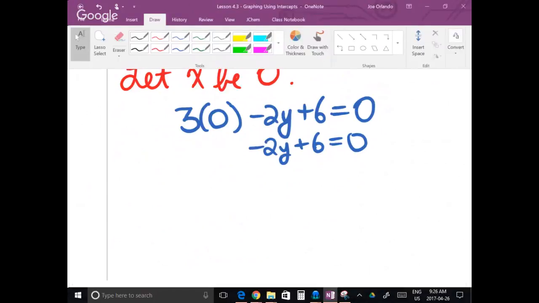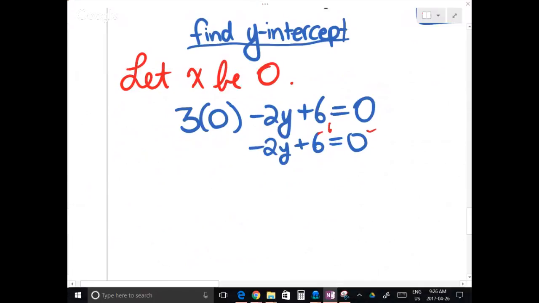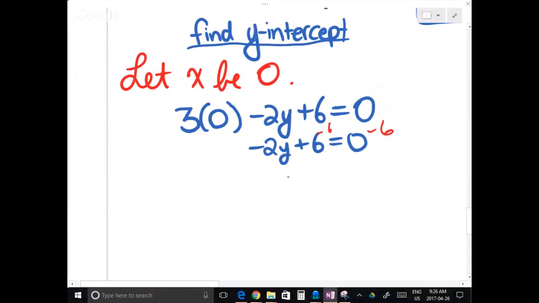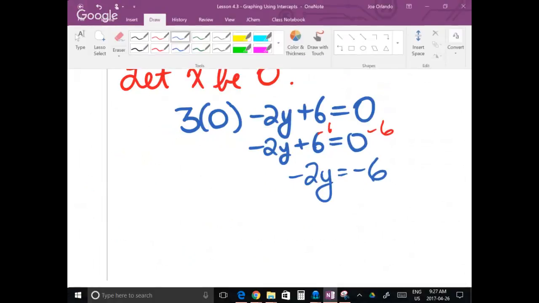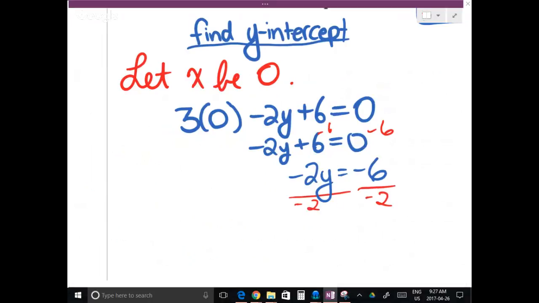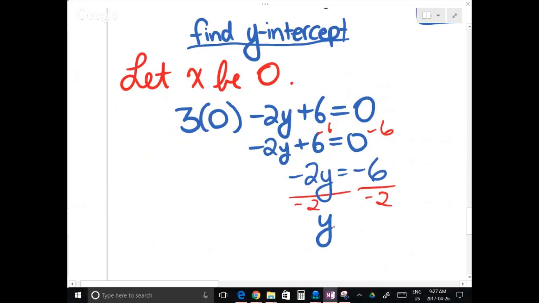Subtract 6 from both sides. Good. I would subtract 6 from each side. And what will my next line be? Negative 2y equals -6, right? Great. What would you do next? Divide both by -2. And when we do that, what do we get? Y equals 3. Good. That's the y-intercept.